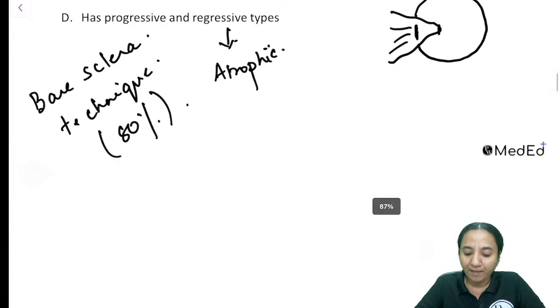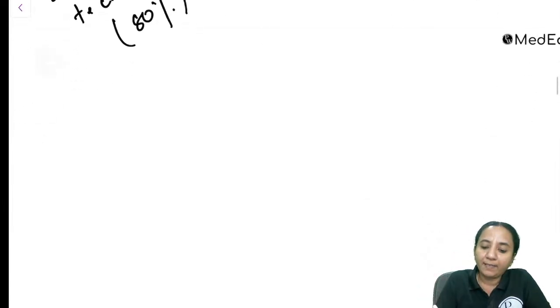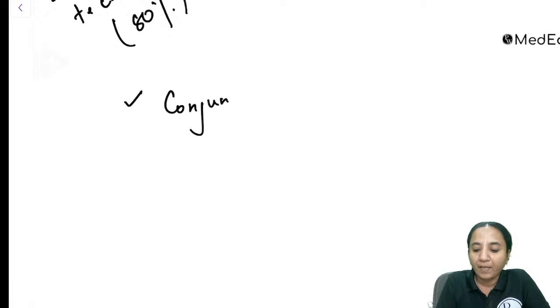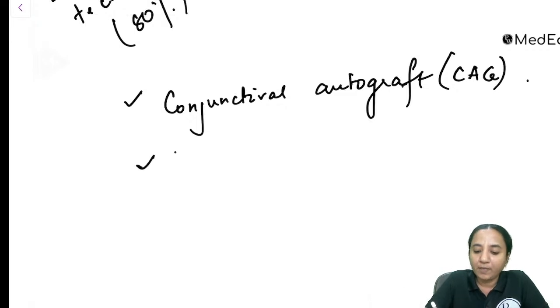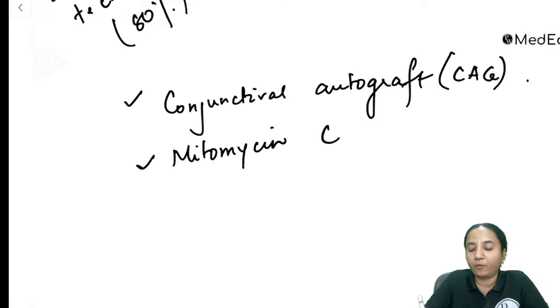So what are the different methods that we use to prevent recurrence after excision of pterygium? The most commonly used, or preferred, method is the conjunctival autograft, that is CAG. Or the drug that can be used is mitomycin C, applied to the bed of the tissue.